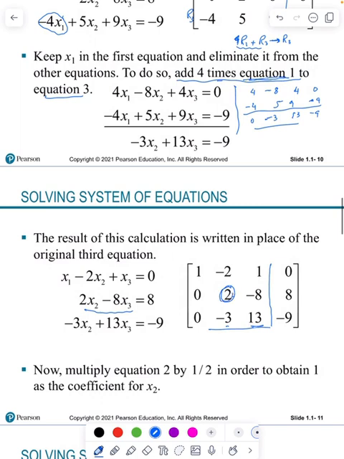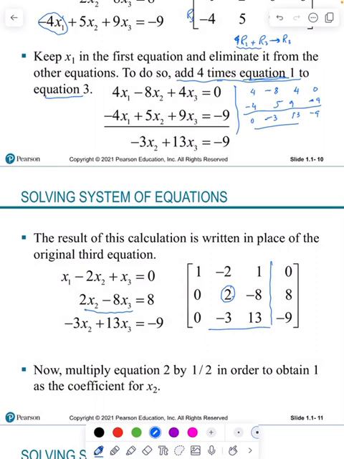So what we do now, we make the coefficient in the second row, second column, a 1. So note here, this number is coming in the second row in the second column. So we want to make it a 1. So how can we do that? We will multiply the row by 1/2, or in other words, you can say we divide the row by 2.